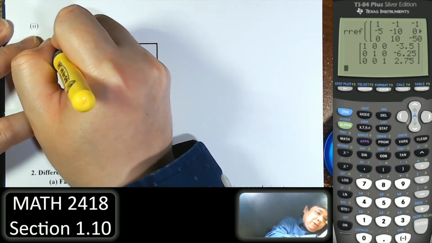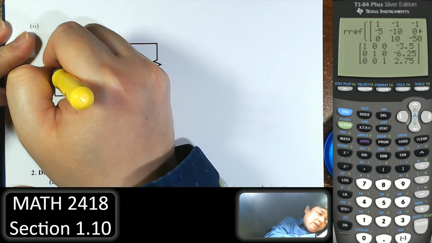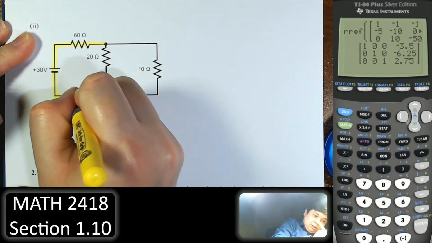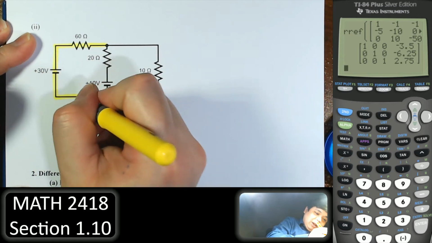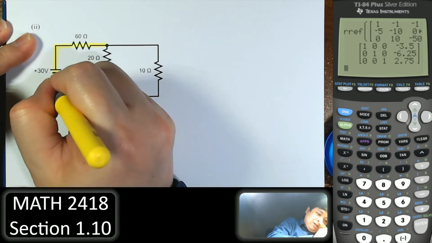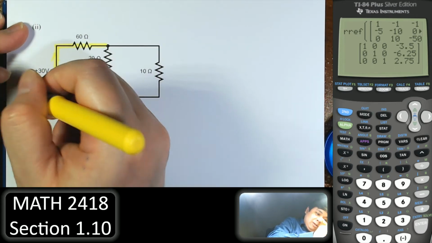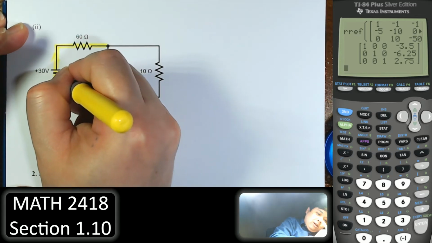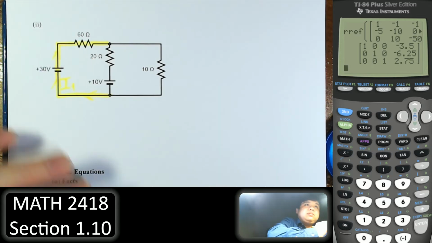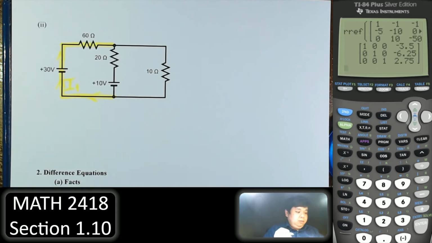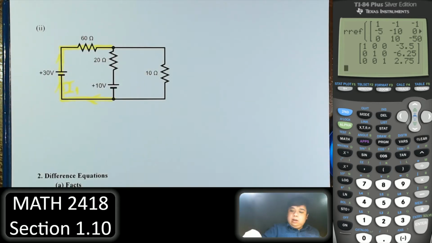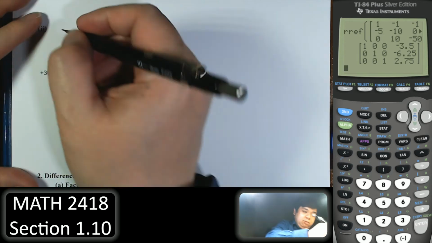This will have the same current. Let's say it goes this direction. That is I1. Yeah, going clockwise.